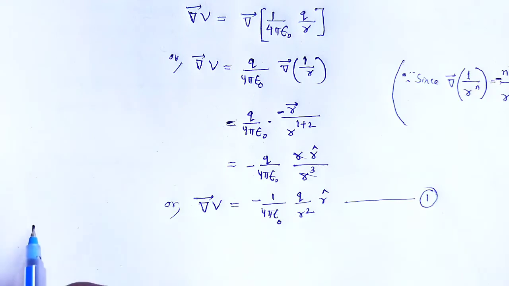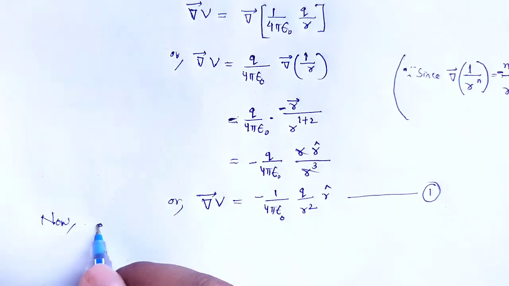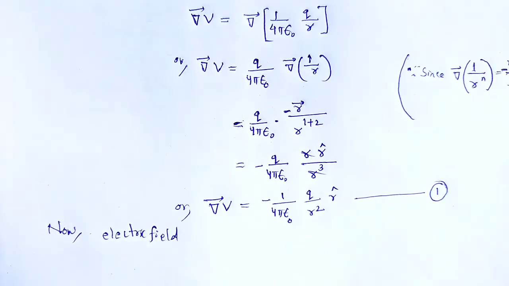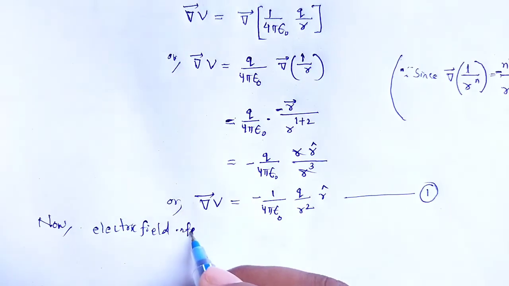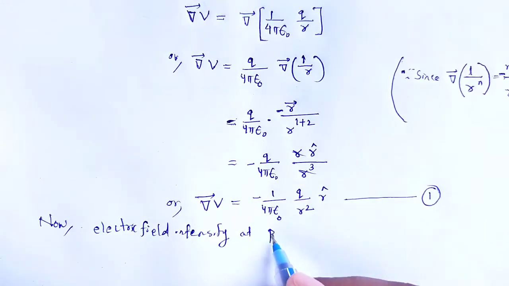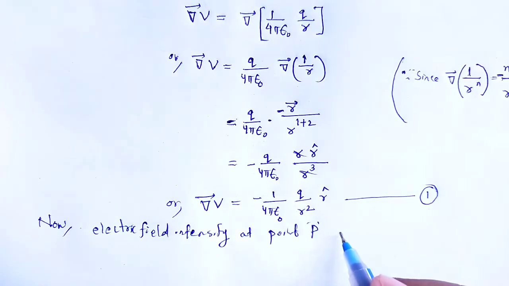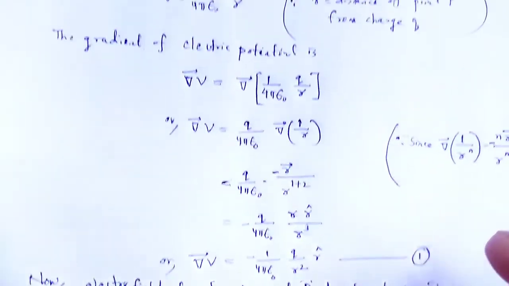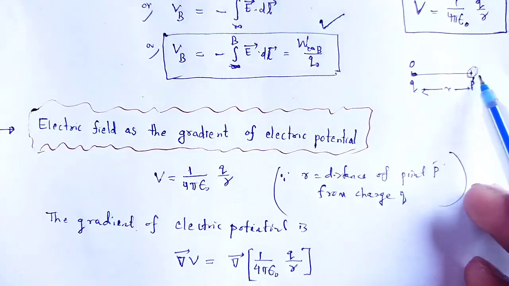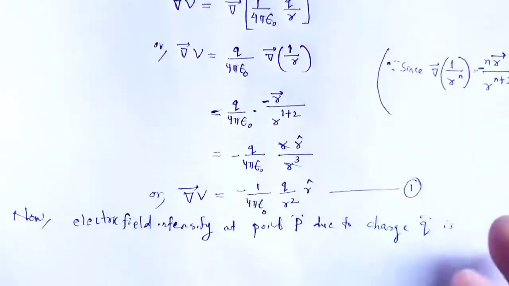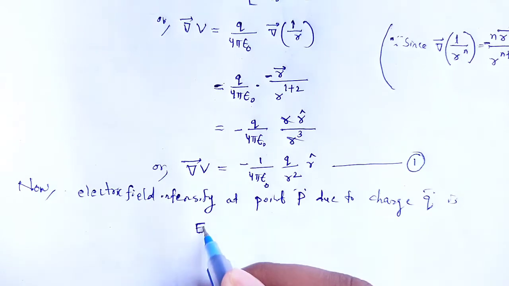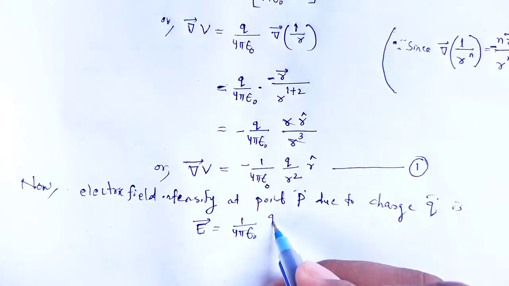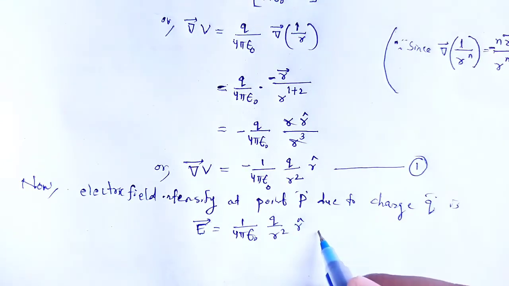Now, we know the electric field intensity at point P due to charge q. The relation is given as E is equal to 1 by 4 pi epsilon naught q by r square into r cap.